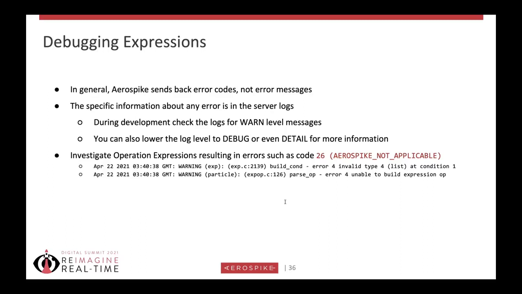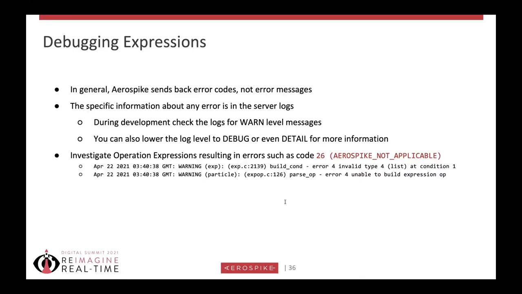But you could also create a lower log level of debug or even detail if you really want to get a ton of information. And you can use Aerospike to create a different logging context. So we can send the particle and the expression context to a different log file that has a different log level to it.